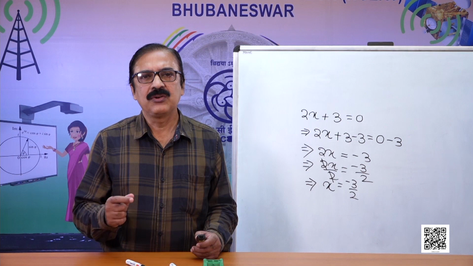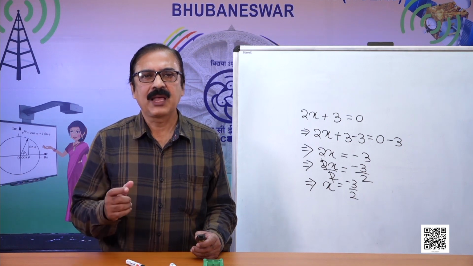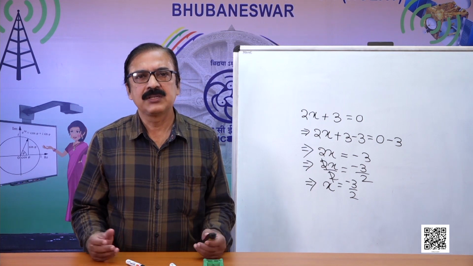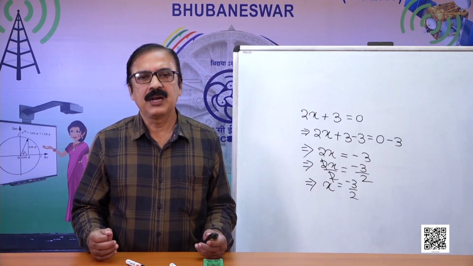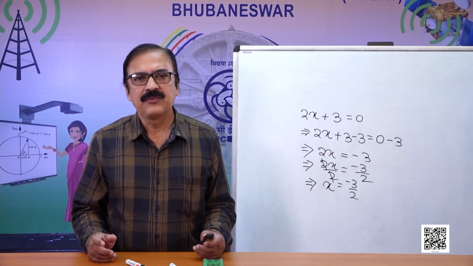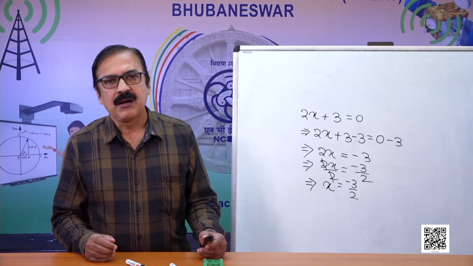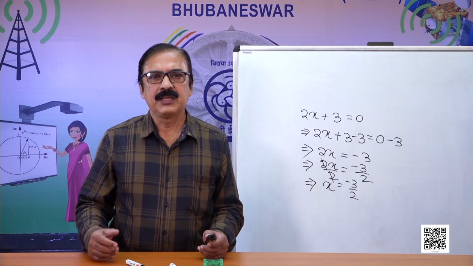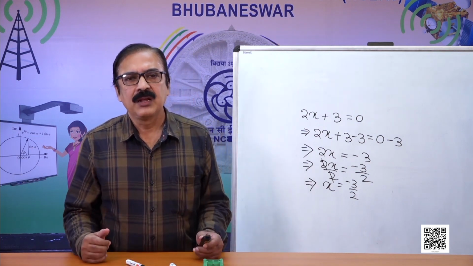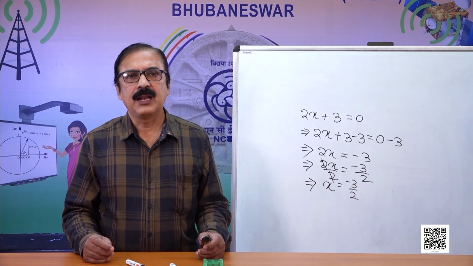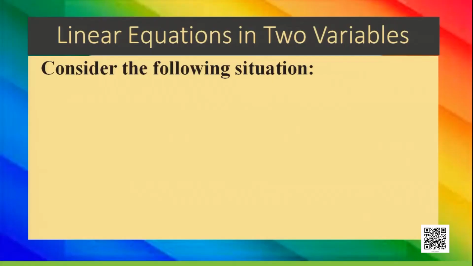Because a number cannot be divided by 0. It is undefined. So here it is specifically written, when we consider the division, the divisor must be a non-zero number.